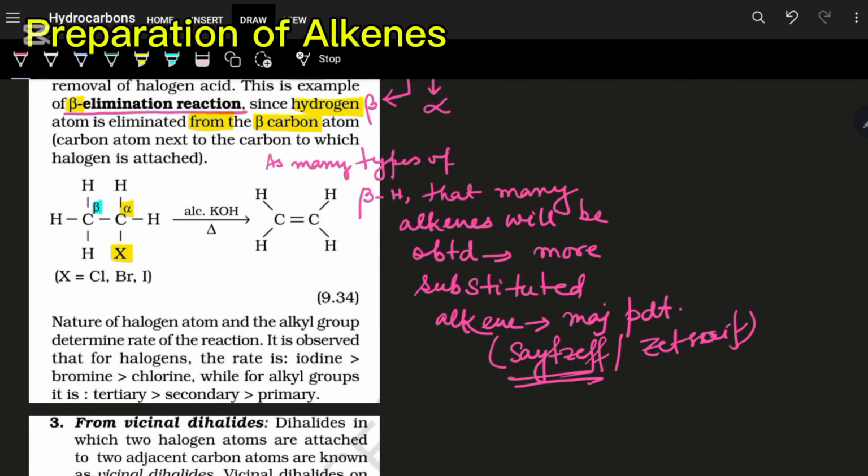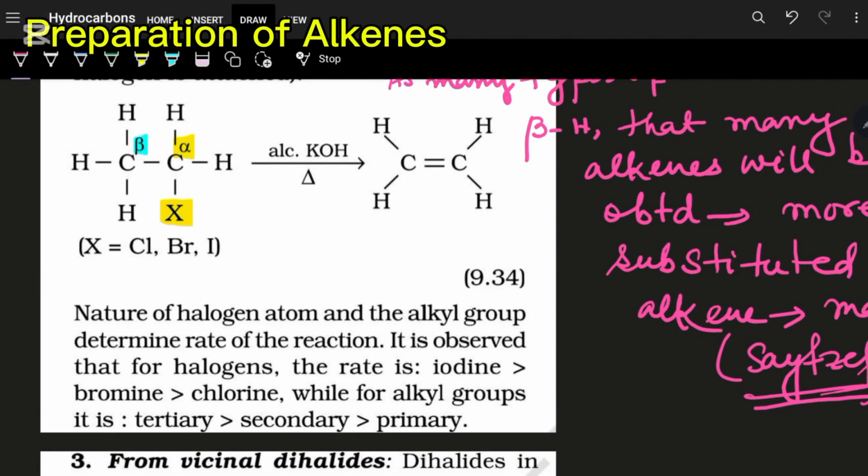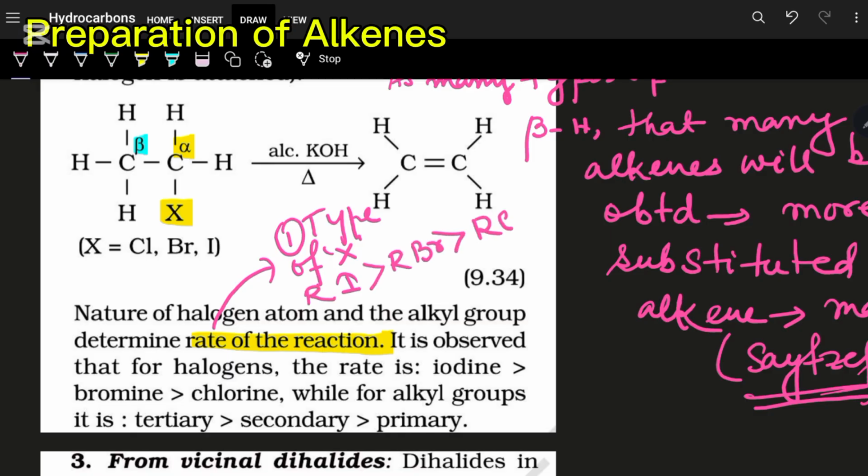Here we do not have any such chance. I will show you how to find the major product. Now, the nature of the halogen and the alkyl group will determine the rate of the reaction. So the rate of the reaction depends on, number 1, the type of halogen, X. Remember that the rate is greater for I, that means RI > RBr > RCl.